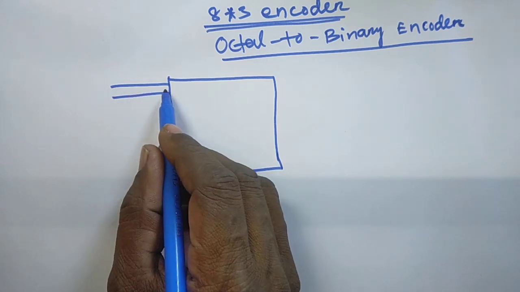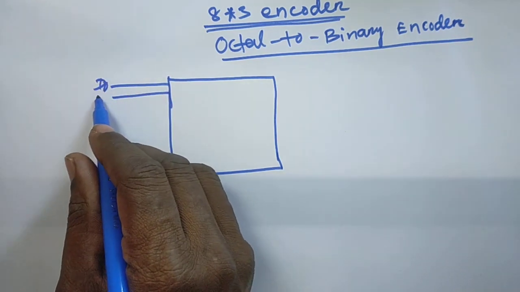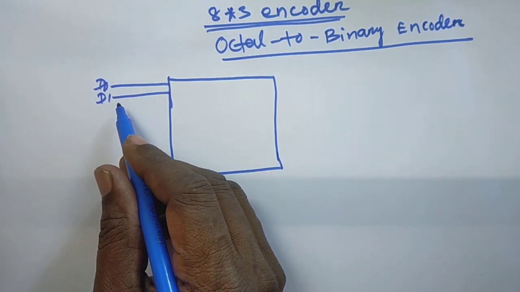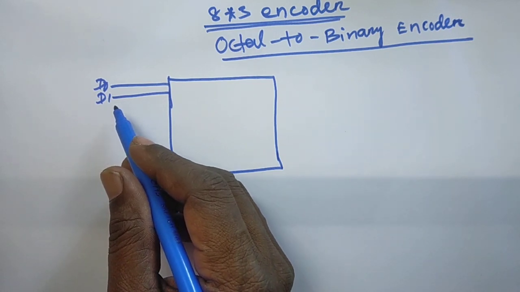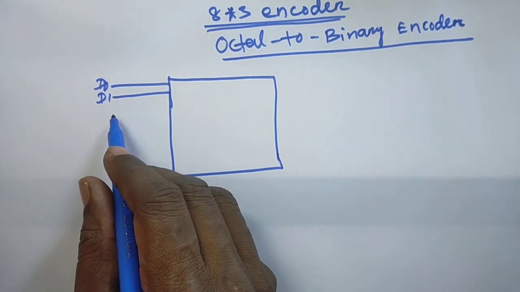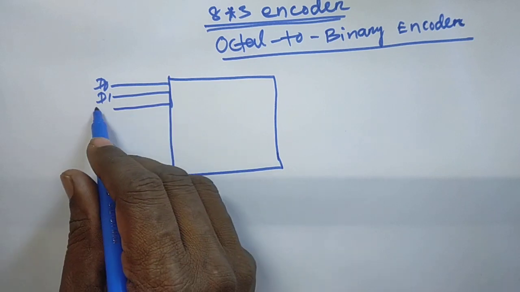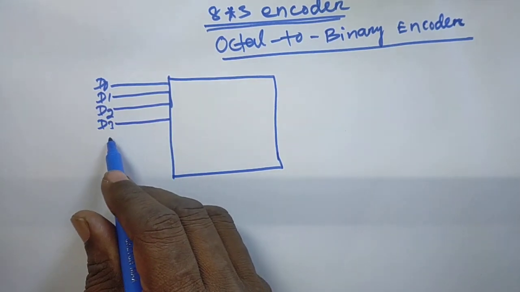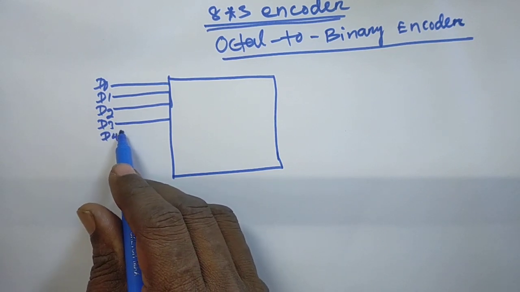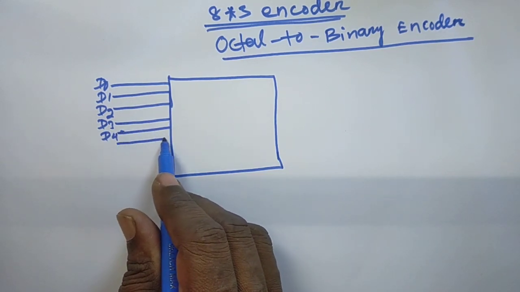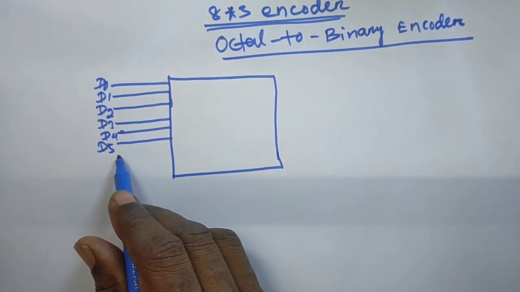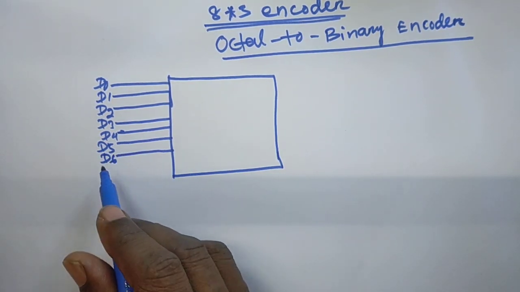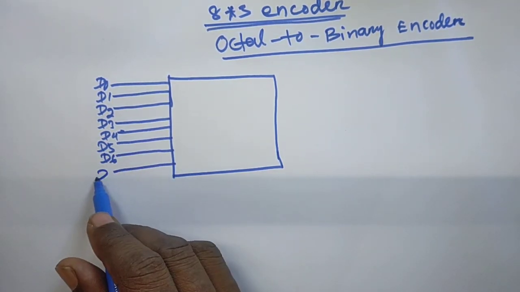Very simple way we mention D0, D1, D2, D3, D4, D5, D6, D7.